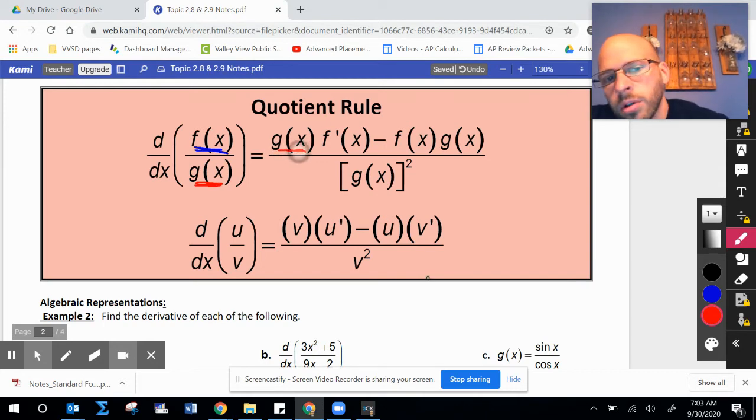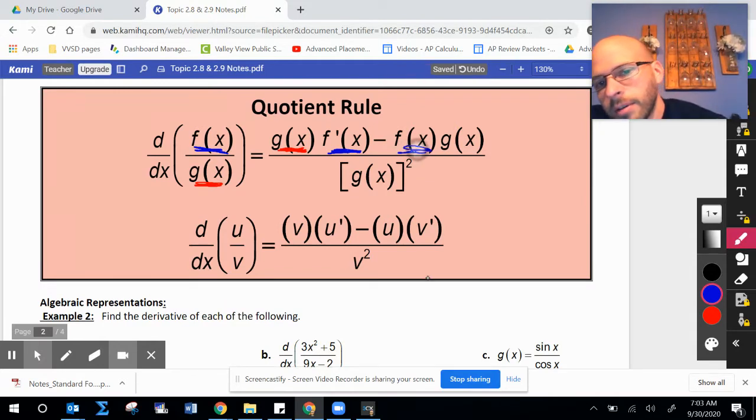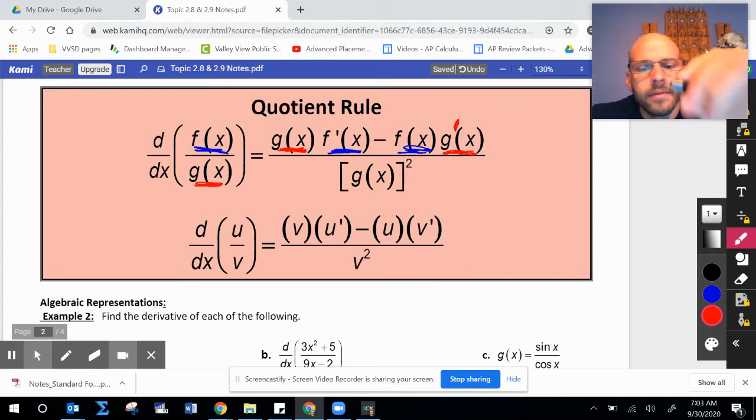So it's low, the bottom, times the derivative of the top, minus, so that's important, the top times the derivative of the bottom, all over the bottom squared.